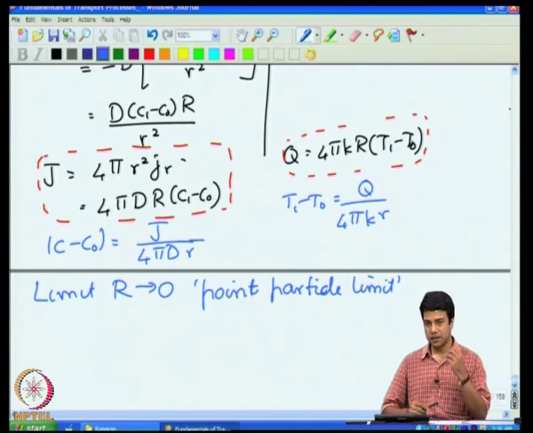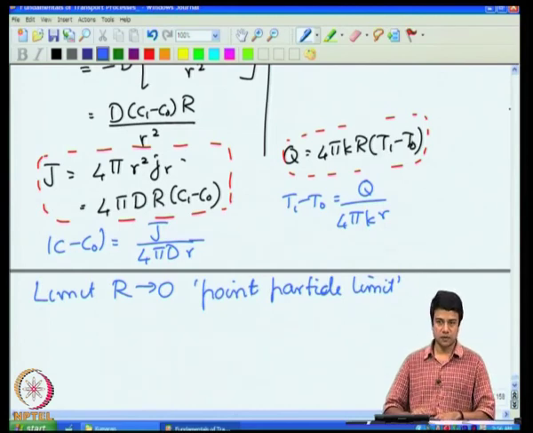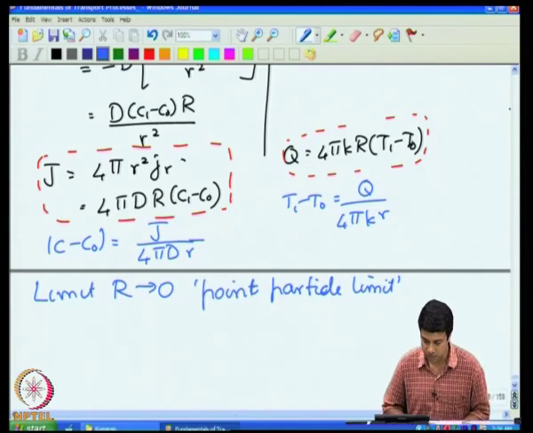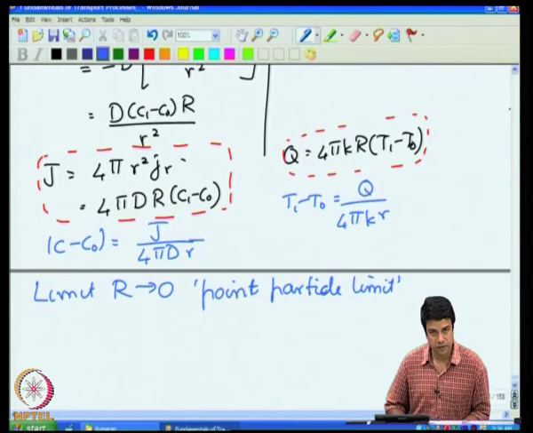In the limit as the particle radius goes to 0, the concentration goes as 1 over R or the temperature goes as 1 over R, and when expressed in terms of the total heat coming out per unit time or the total mass coming out per unit time, I get exactly the same solution independent of the radius of the particle. Okay. So, this is what is called the point particle approximation, and this forms the basis for solutions called Green's function solution that we will see a little later, when we deal with the diffusion equation.